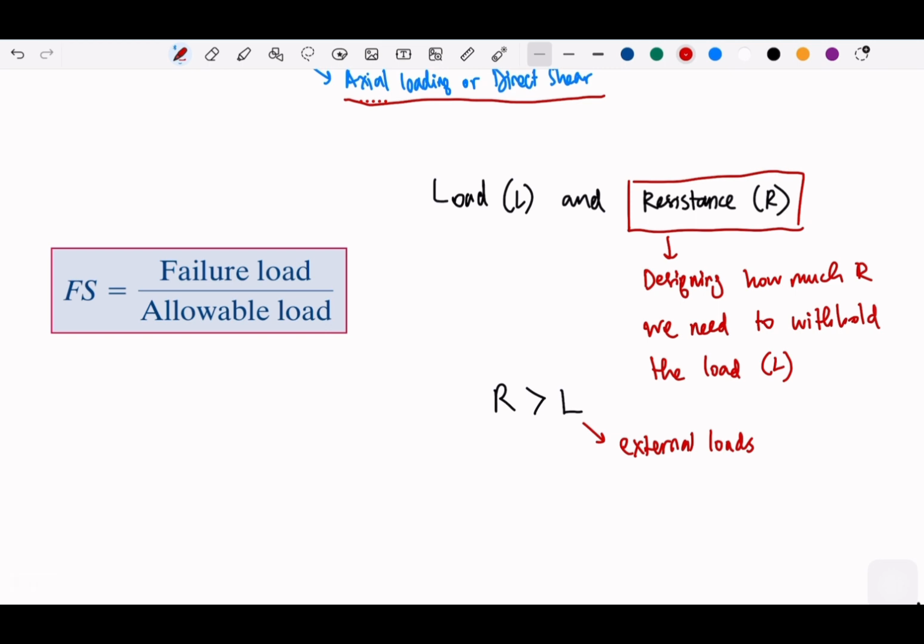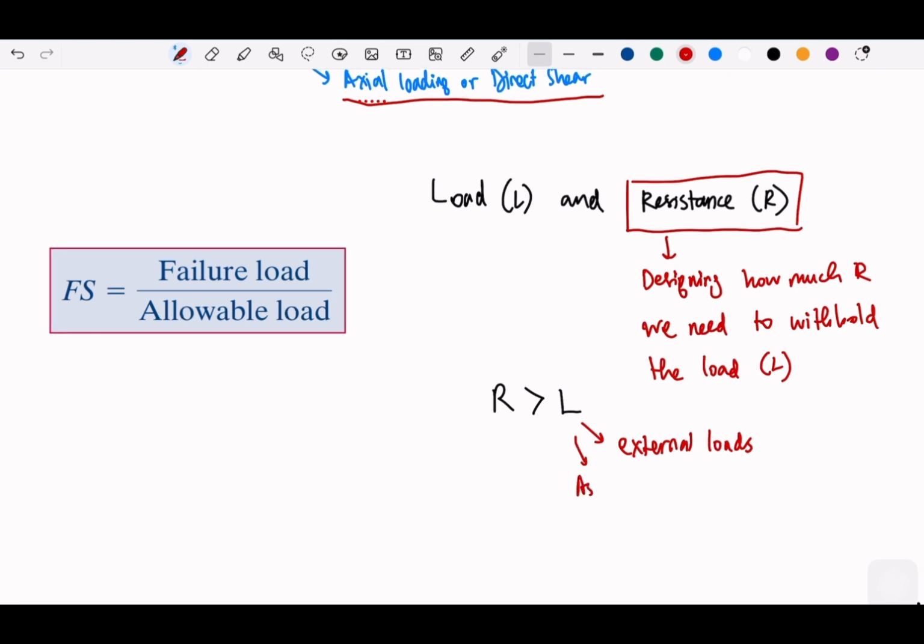And maybe we need to make some assumptions based on different cases. It could be we have some boundary conditions, or we could treat them with a linear behavior property.